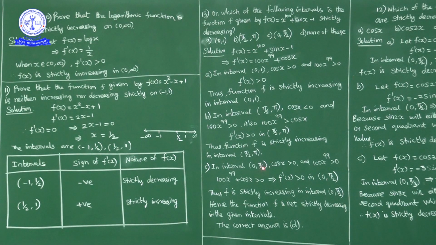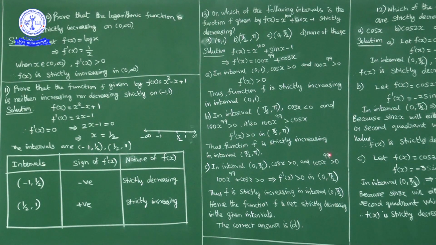Now 0 to pi by 2, pi value is approximately 3.14. So 3.14 by 2 is 1.5 something, okay. So 0 to 1.5 something, x is positive.